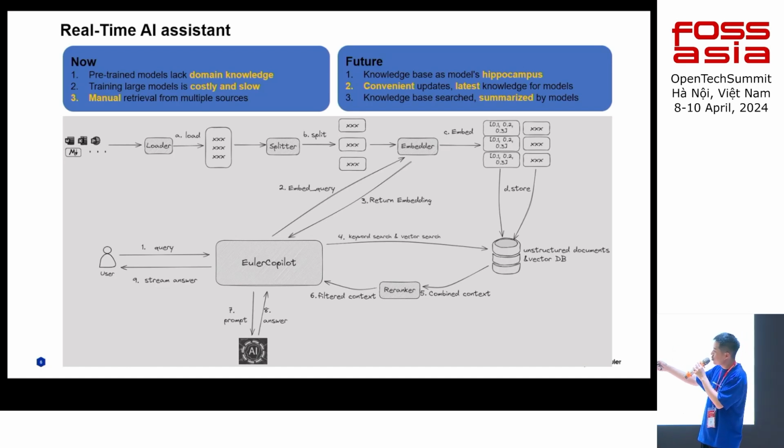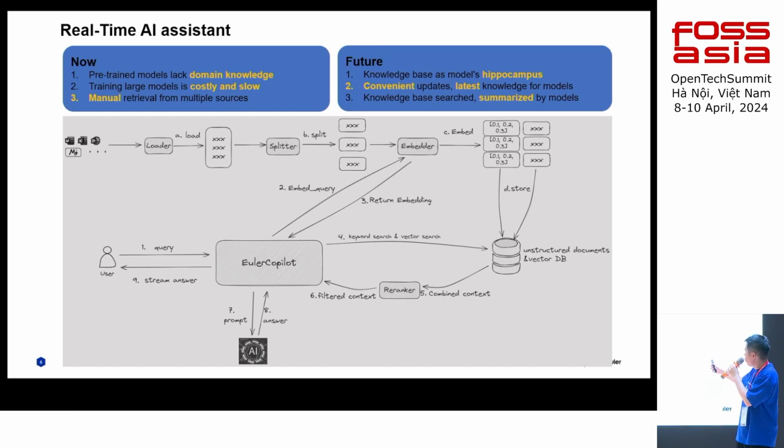It also provides the ability to answer users' search queries. First, when a user's query comes in, our EulerCopilot will embed the query into embedding data. From the embedding data, we will do keyword search and vector search in the unstructured documents and vector DB.